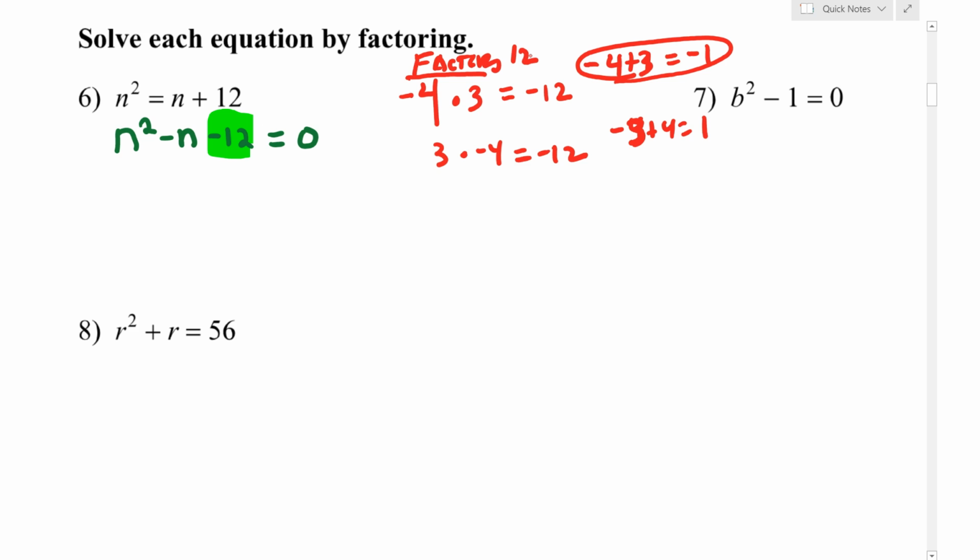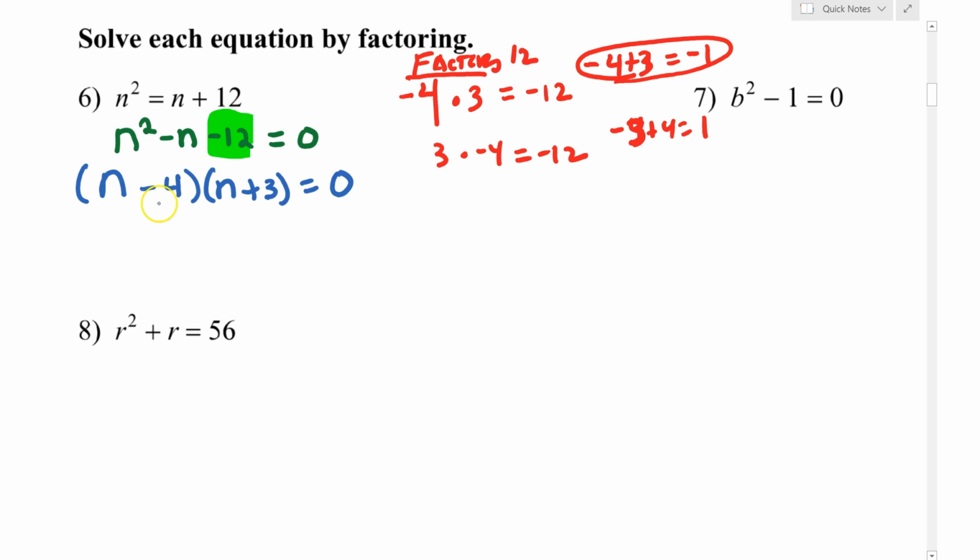So these are the factors of 12, and you want to figure out the ones that are going to add up to give you the middle coefficient, which is negative 1. So in this case, the factors are (n - 4)(n + 3) = 0.